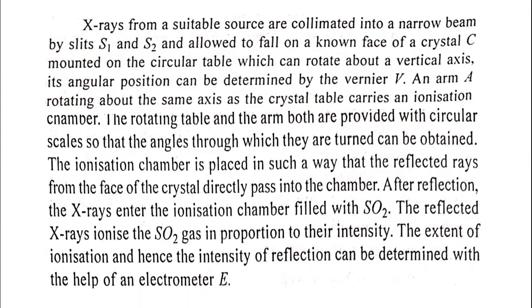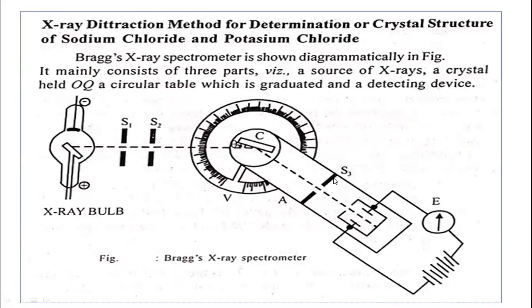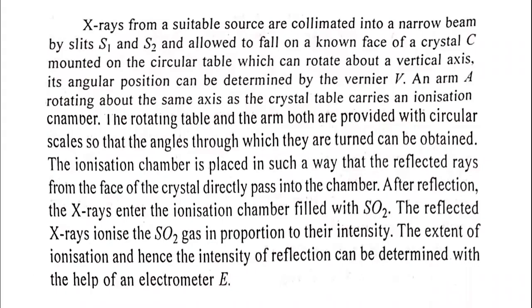Then an arm A rotates about the same axis. You can see this is the arm A, which is connected to the circular table, so it rotates about the same axis as the crystal table and carries an ionization chamber.